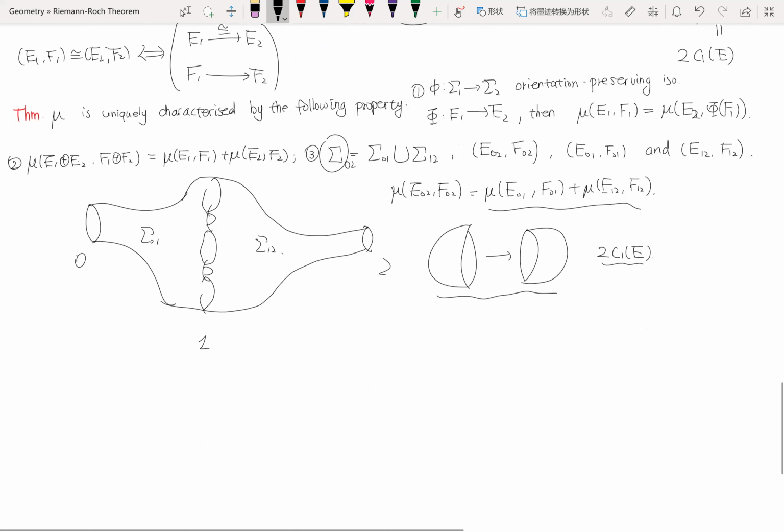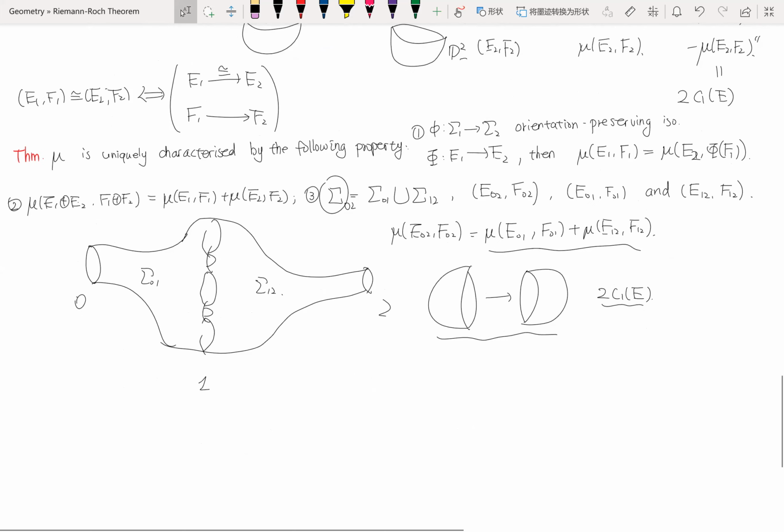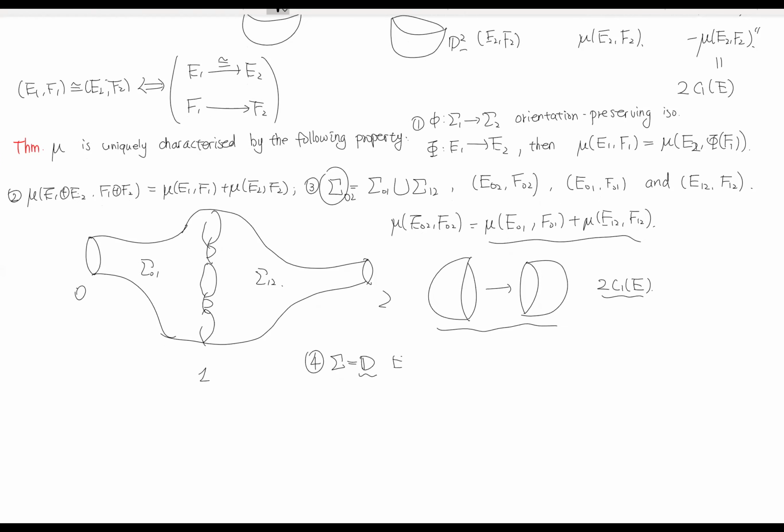So we must define the Maslov index of a compact Riemann surface without boundary to be twice the first Chern class. And the last one is the normalization. That is the start of our induction. That is, if Σ is a unit disk, the simplest model because it consists of only one boundary, and E is a trivial bundle, D × ℂ.